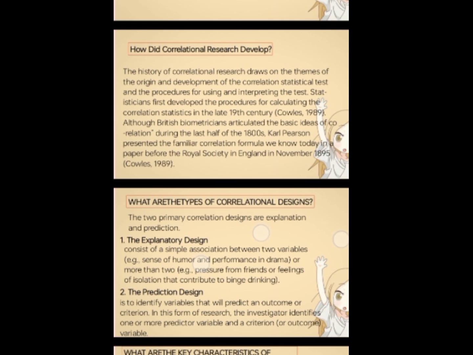Next is, how did correlational research develop? Correlational research began in the late 19th century, with statisticians developing ways to measure the relationship between two variables. Karl Pearson in 1895 introduced the familiar correlation formula we use today. He drew on Darwin's evolution theory and Galton's ideas on inheritance to explain correlations.